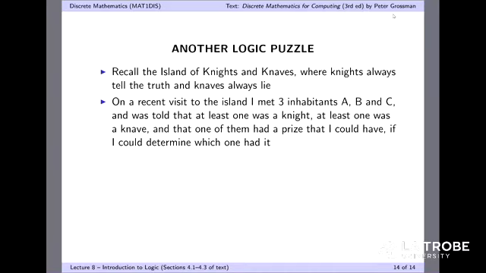The fact is, at least one is a knight. At least one is a knave, and one of them had a prize that I could have if I could determine which one had it. That's the question for you.